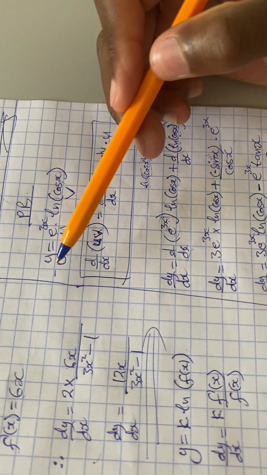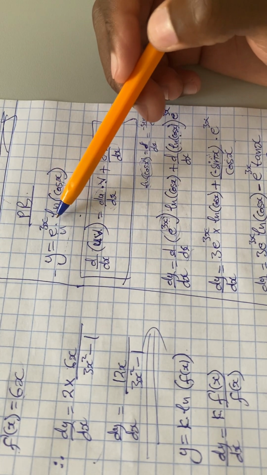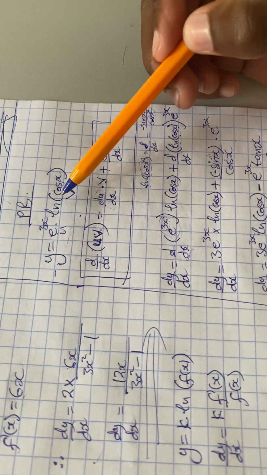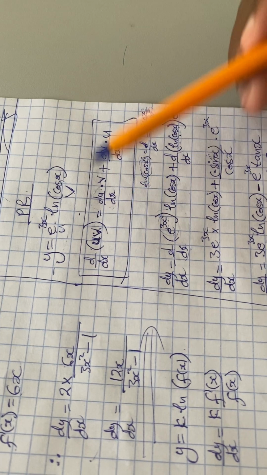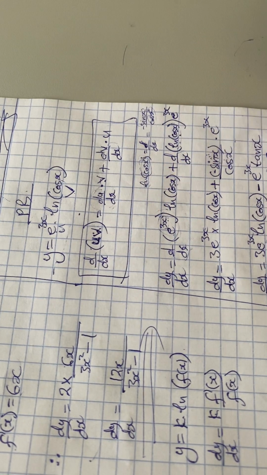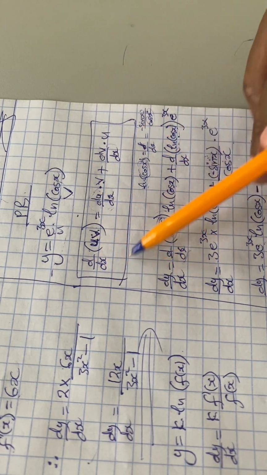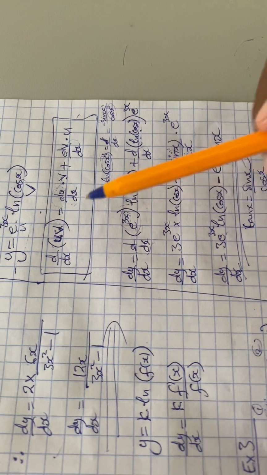We're given y is equal to e to the power 3x times ln cos x, isn't it? Now we are using the product rule, whereby we have uv, two functions that are multiplying each other, which means we're going to use this concept. So what did we do?